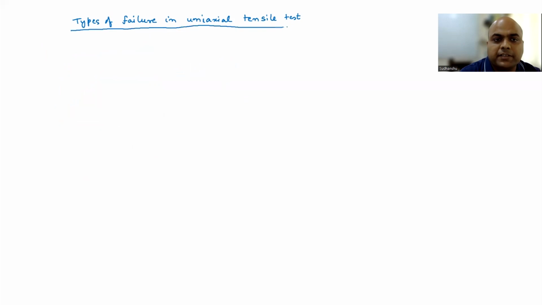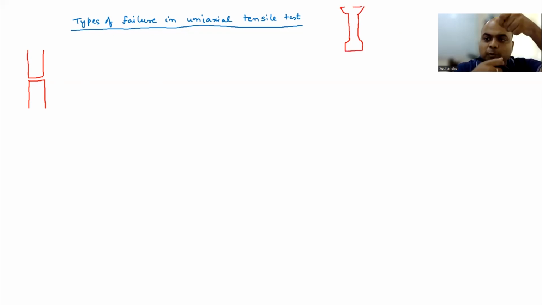So what are the different types of failures we can have? The first one: you have a specimen, say a dog bone specimen, and then you are pulling it. That is what uniaxial tension is about.